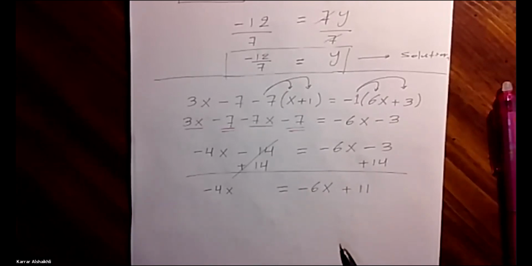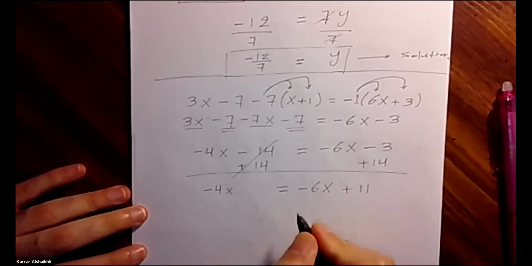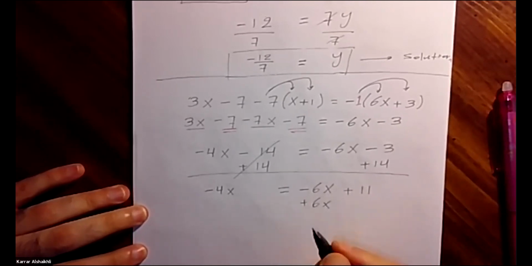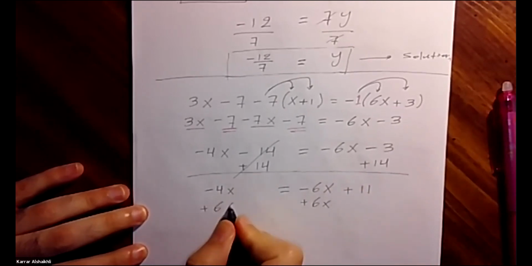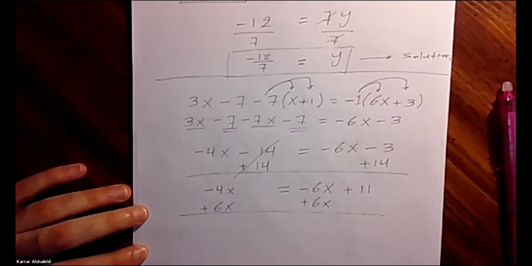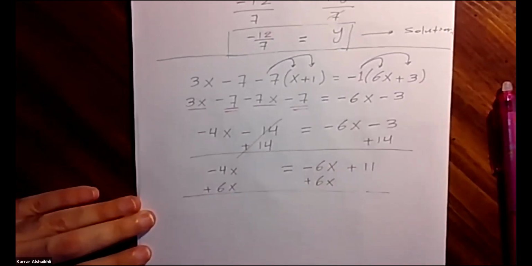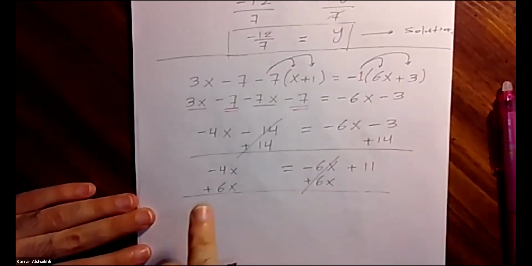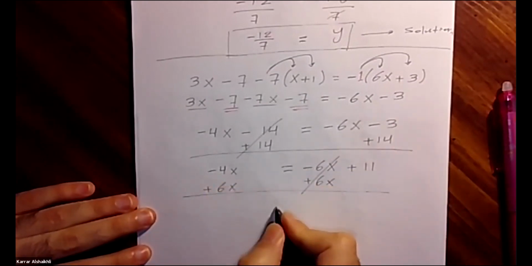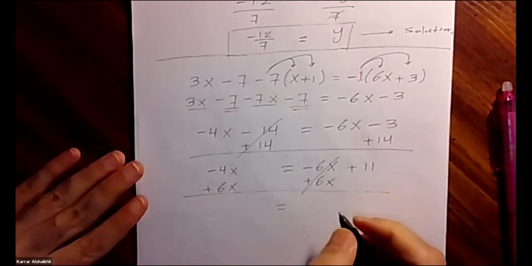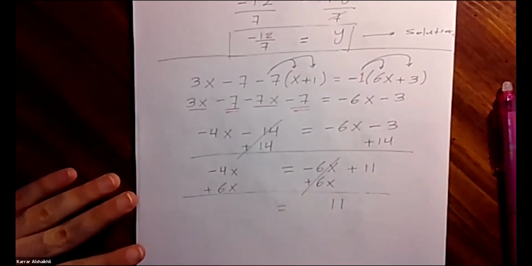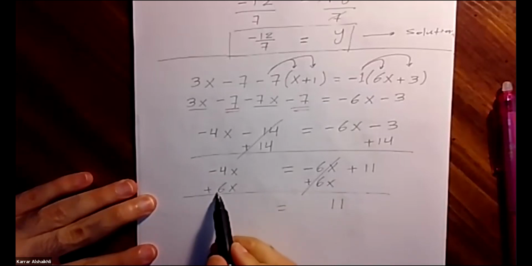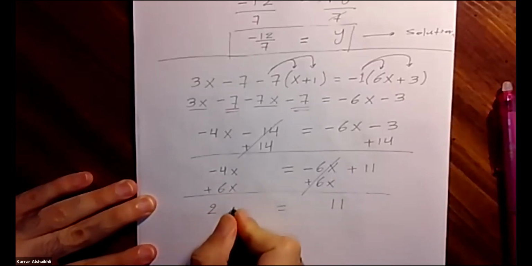Now, next step, you're going to move the number with the variable here to the left side. So negative 6x, I'm going to add 6x. Add 6x to both sides. Negative 6x plus 6x is going to be canceled. The leftover on this side is just the 11. Negative 4x plus 6x is going to be 2x.